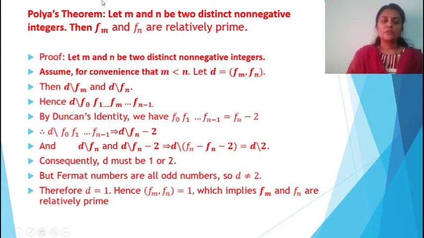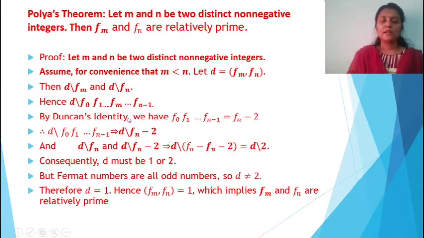So let m and n be two distinct numbers, assume for convenience m less than n, and take the GCD as D. Let D be the GCD of F_m and F_n. That means D divides F_m and D divides F_n. D divides F_m means, now we took that m is less than n, so D divides F_0, F_1, etc., F_m, etc., F_(n-1).